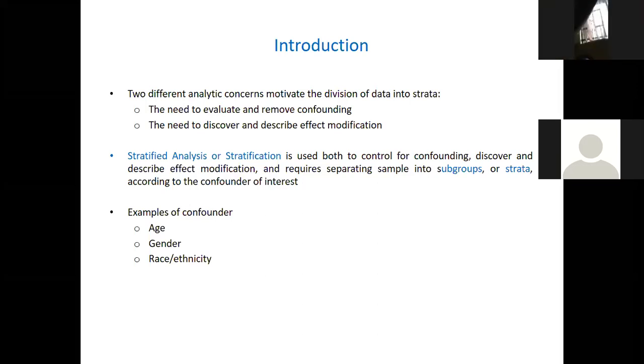For example, if socioeconomic status has three groups, you can divide your data into the three, upper, middle, and lower, and do any analysis you want, calculating your chi-square separately for each level. So stratified analysis just means that you use a particular variable to create strata, and then analyze each separately.